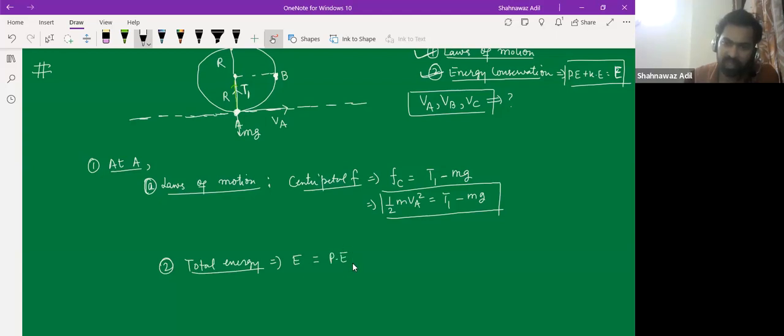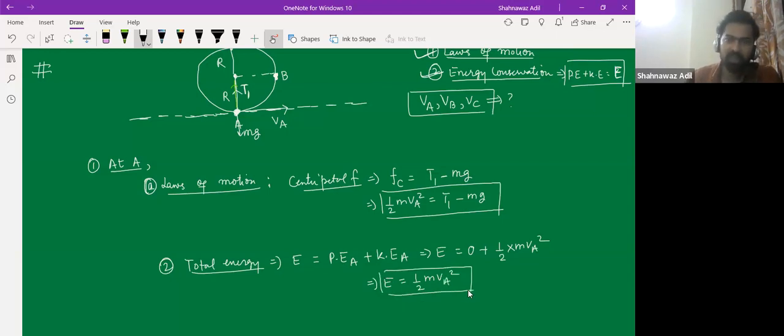So the total energy is 0 plus kinetic energy, which is half mva square. So I have total energy, which is half mva square, right, guys? Clear? So this is at A.